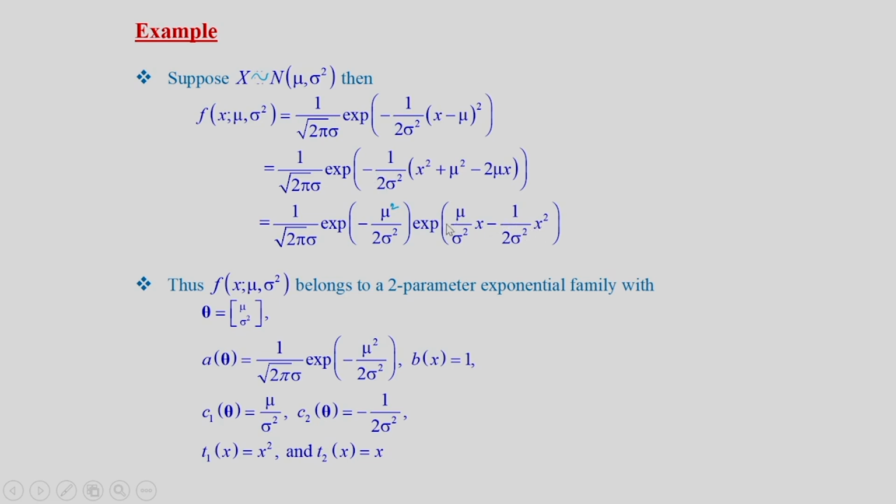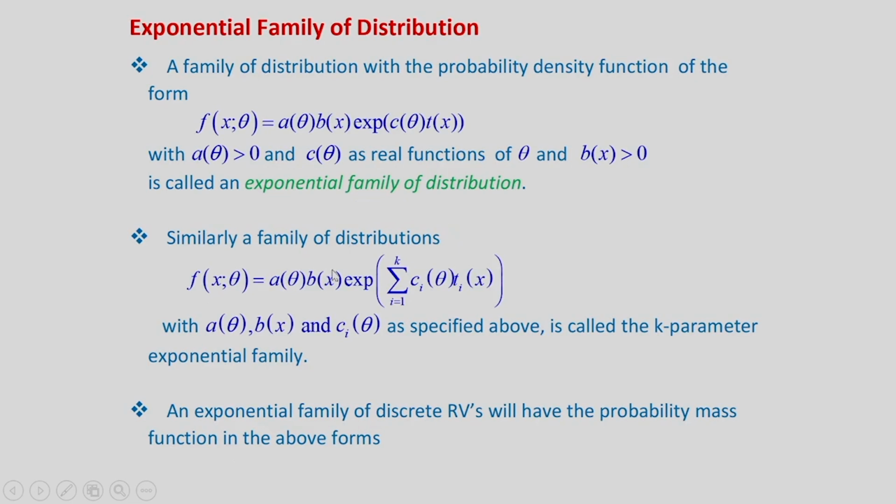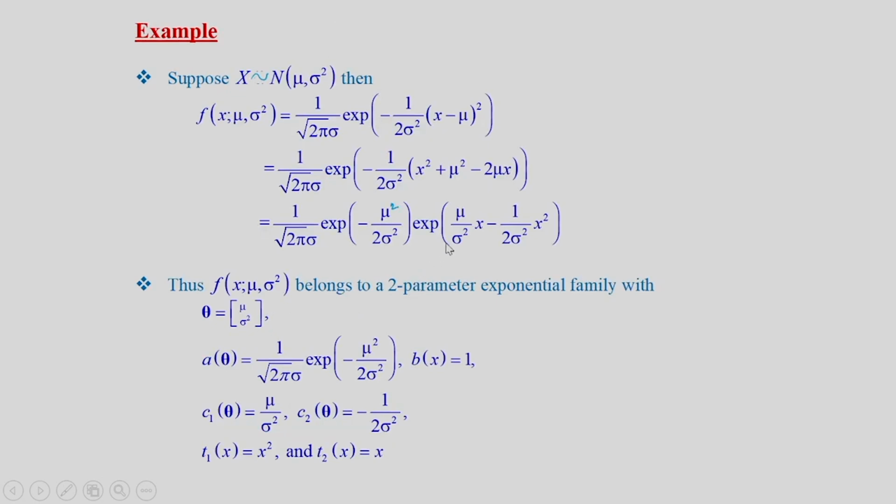So, now we can compare this expression with this distribution, and there should be an a(theta) term, b(x) term, and then the exponential term in the summation form. There we see that there is a sum of two quantities here, and this is the a(theta) term, that is a function of mu and sigma square, and b(x) will be equal to 1, and then the exponential term is the summation of these two quantities.